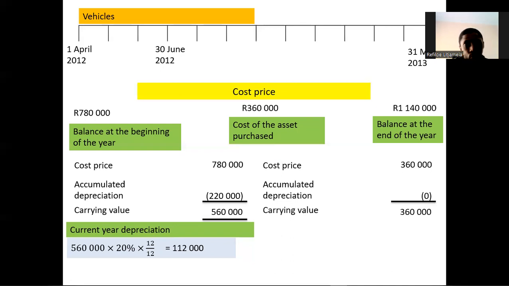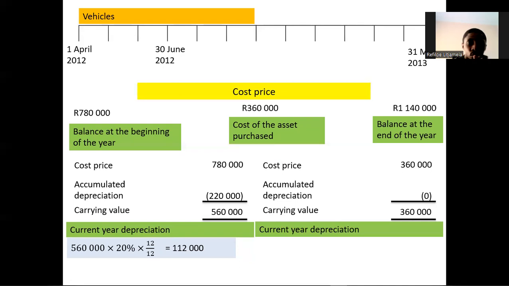So I'm simply going to take the depreciation method, which is the diminishing balance method. I'm just going to take my cost and multiply by the depreciation rate. And I have to apportion it because I've only used this vehicle. We bought it in June, so I won't count June. I will start counting from July.